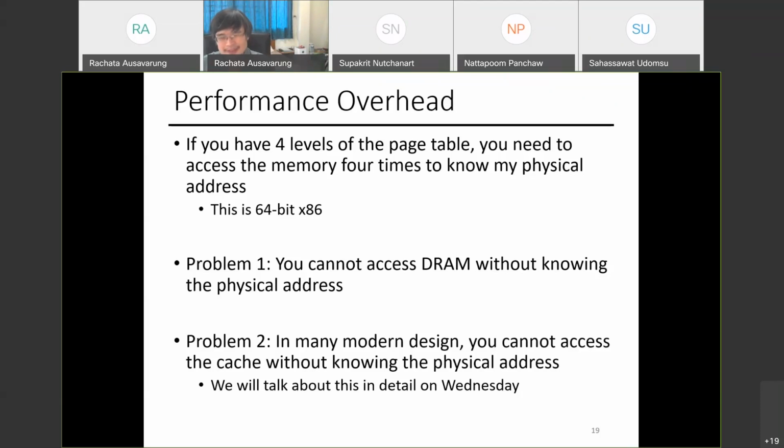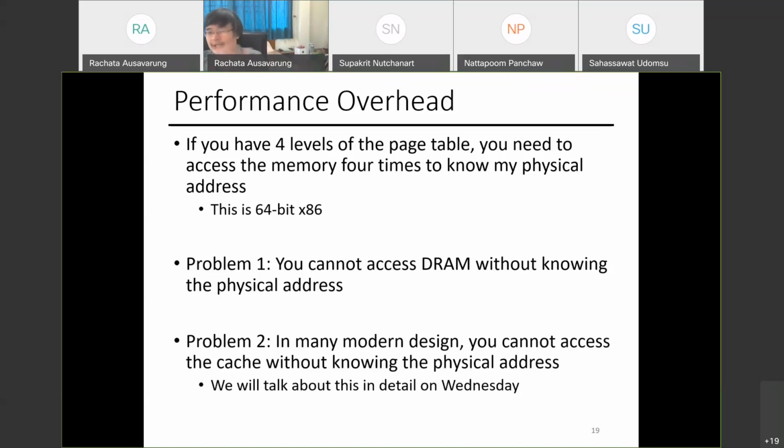This particular question is, if you have a 32-bit machine, isn't that better? Yes, in the sense of translation, but no, because at the same time you lose capacity, you lose the ability to support large DRAM. And with the programs that you use nowadays, with the big data and machine learning, they need a lot of memory.